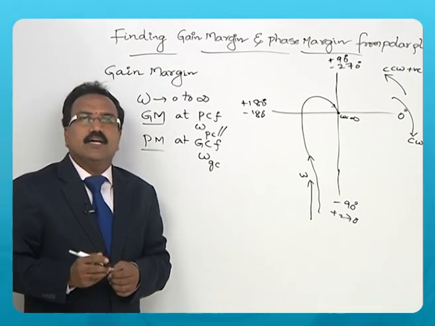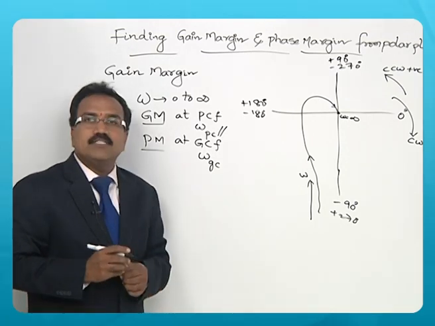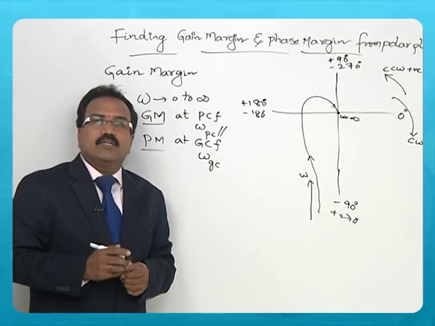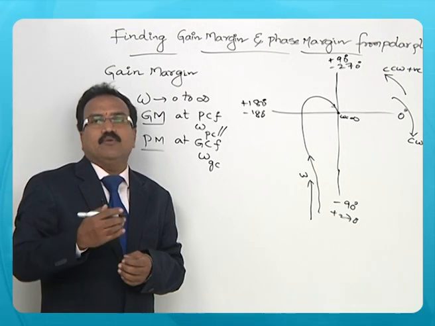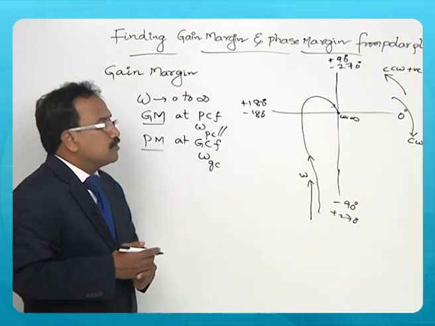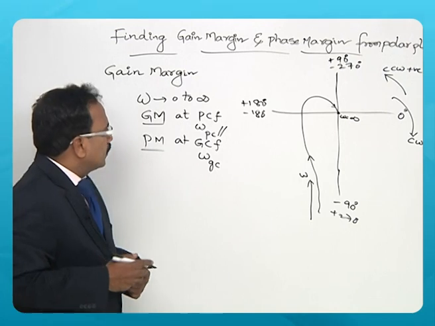As I am indicating, the polar plot is a frequency response plot, showing how the magnitude and phase angle of the system vary with omega. That is why it is called the frequency response plot.